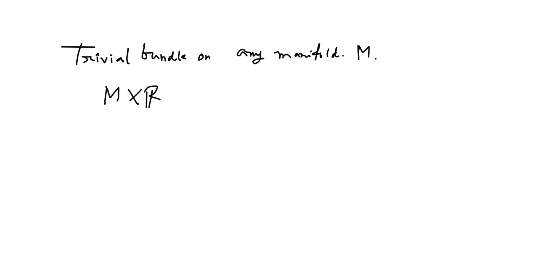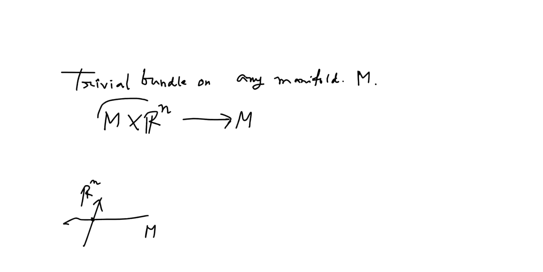So you have M, and then at each point you can attach an n-dimensional vector space Rn, and you can glue them together globally in a smooth way. So that is your M cross Rn. This M cross Rn is a trivial bundle.